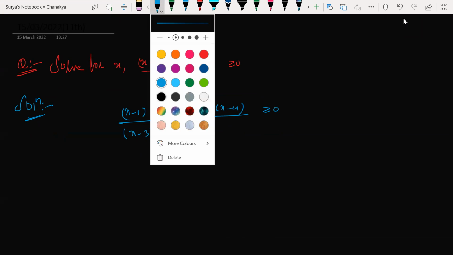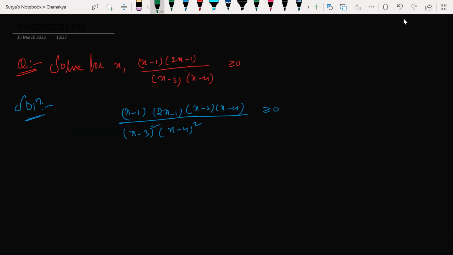So it is a completely positive term, so we need not bother about it much. Now just plot the critical points from minus infinity to plus infinity: 1 by 2, 1, 3 and 4. These are the critical points.